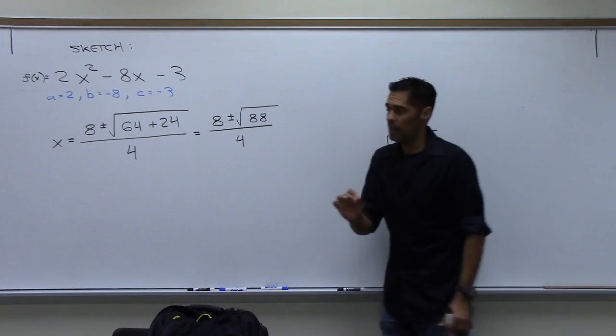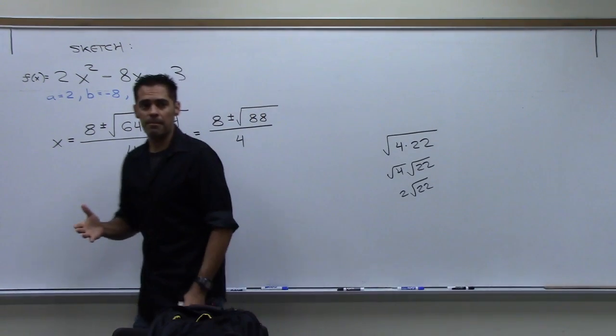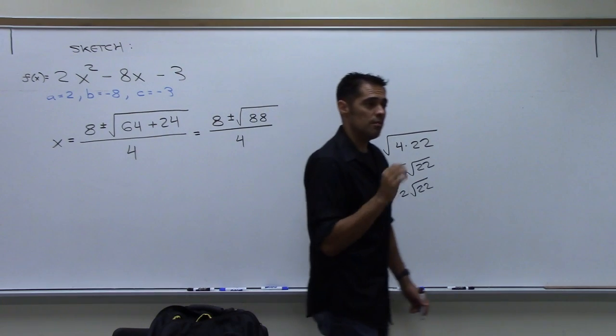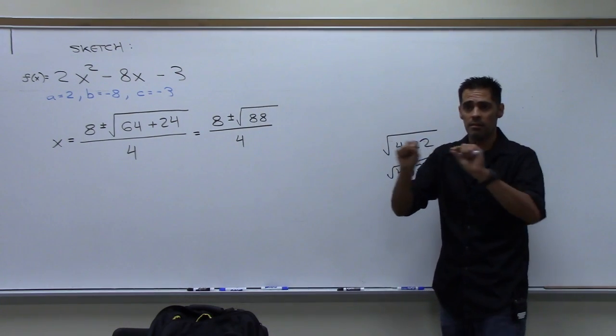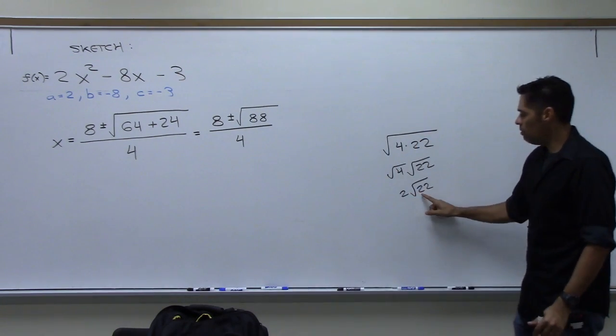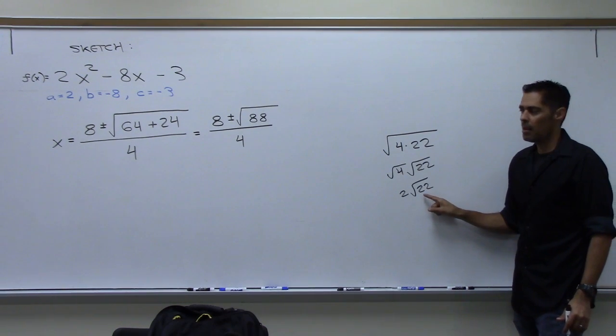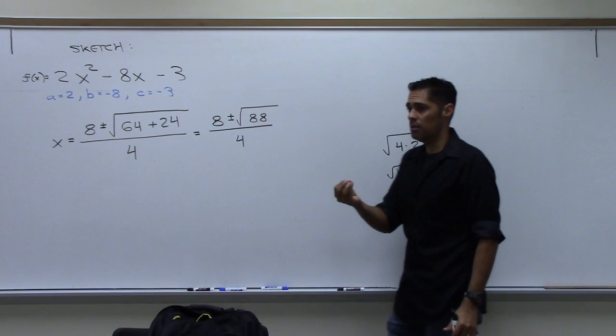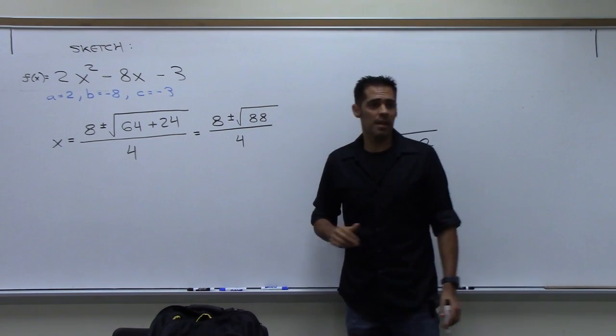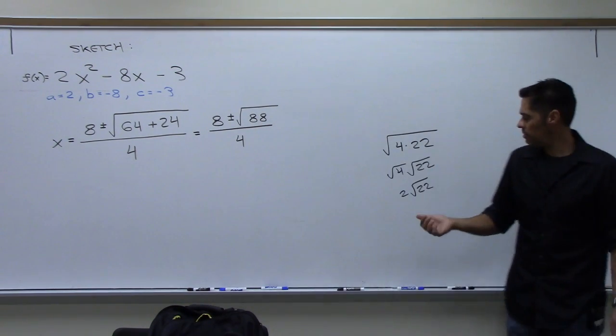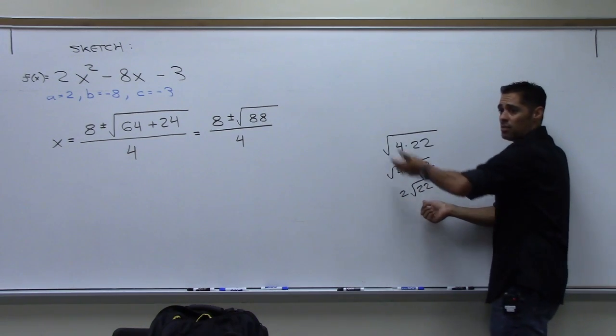The reason is because what are we trying to find? X-intercepts. And those are things I'm going to plot on a number line, right? Does anybody know what this number is just by looking? No, right? This is why the approximation on our calculator of square root of 88 is as good as trying to do that on a calculator. It's going to be the same answer, exactly.